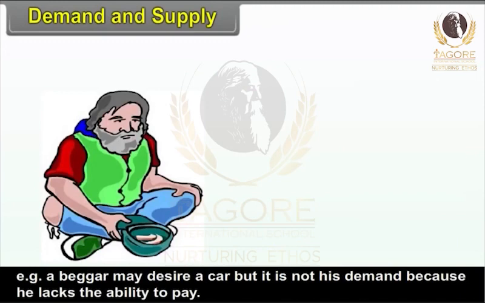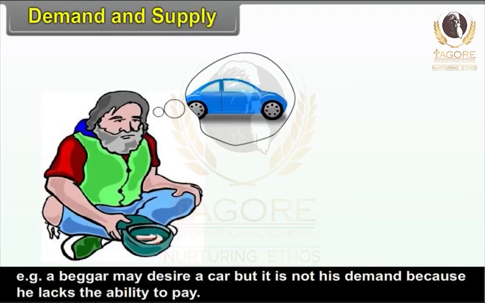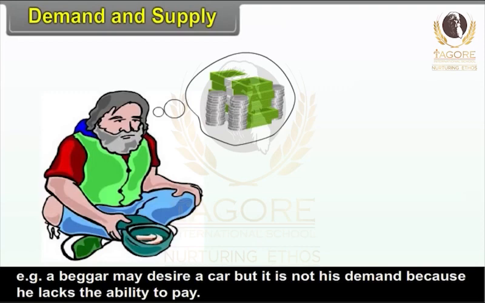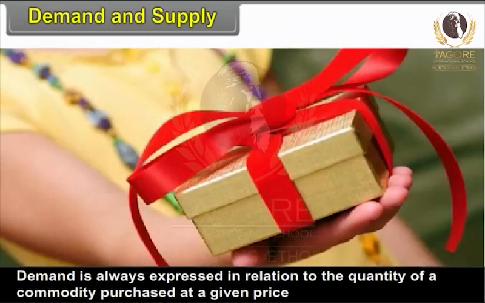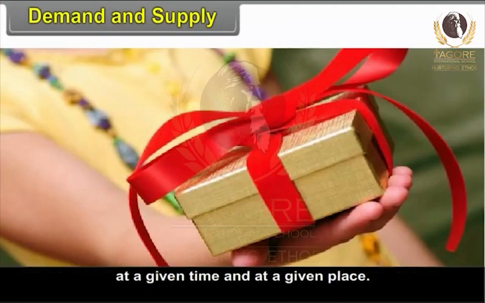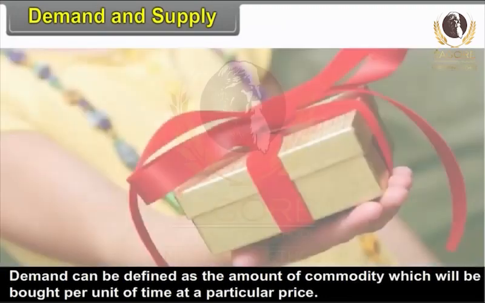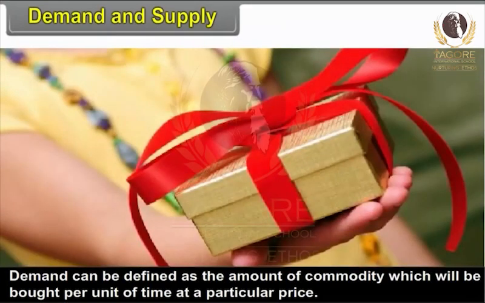For example, a beggar may desire a car, but it is not his demand because he lacks the ability to pay. Demand is always expressed in relation to the quantity of a commodity purchased at a given price, at a given time, and at a given place. Demand can be defined as the amount of commodity which will be bought per unit of time at a particular price.